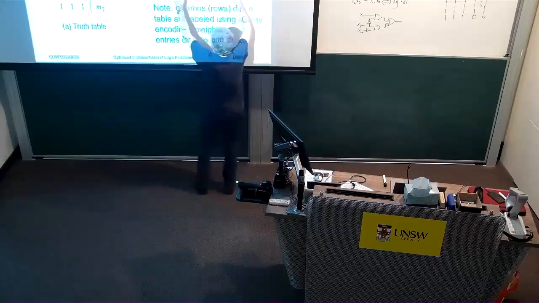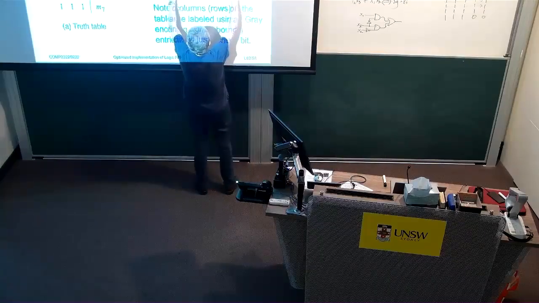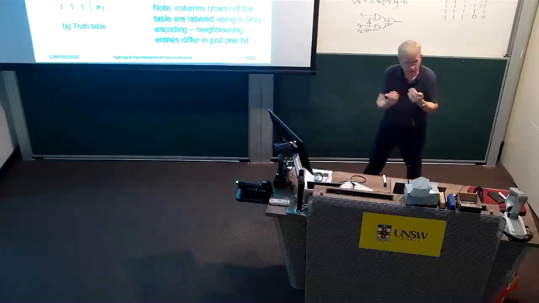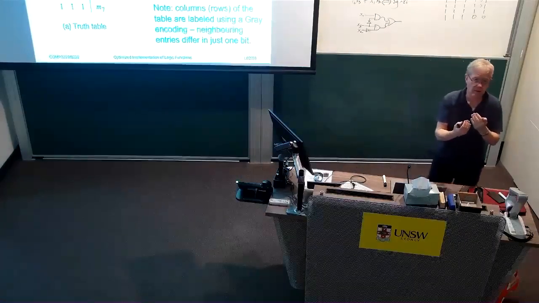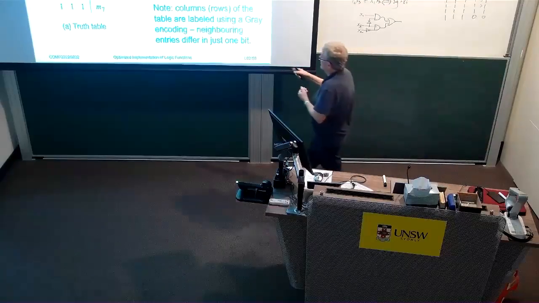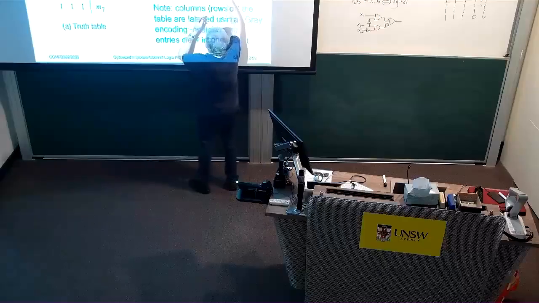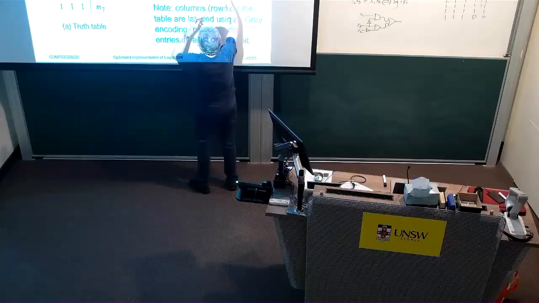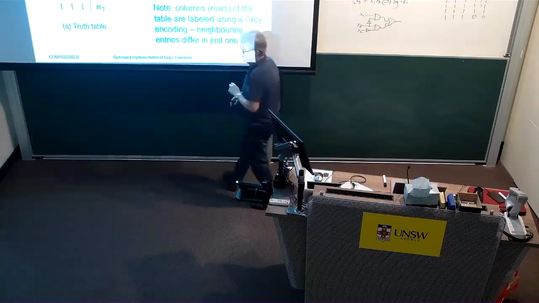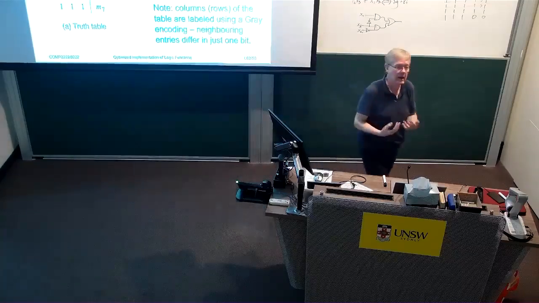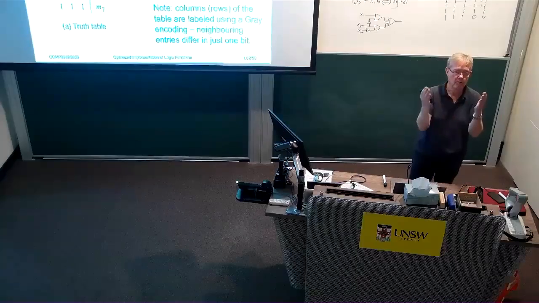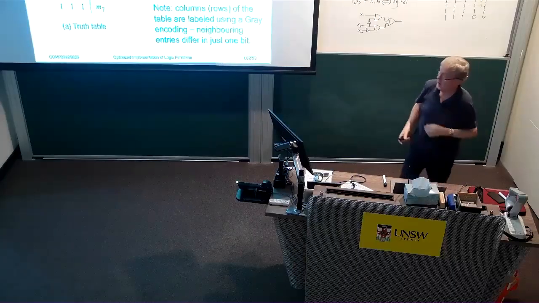You should also be able to see that the left and right sides of this table are adjacent as well, or should be considered to be adjacent, because they differ in only 1 bit, right? In each case, the rightmost column has x1 equal to 1, and the leftmost column has x1 equal to 0. So they only differ in that x1 bit. So you can think of this table as being curved around, forming a cylinder.